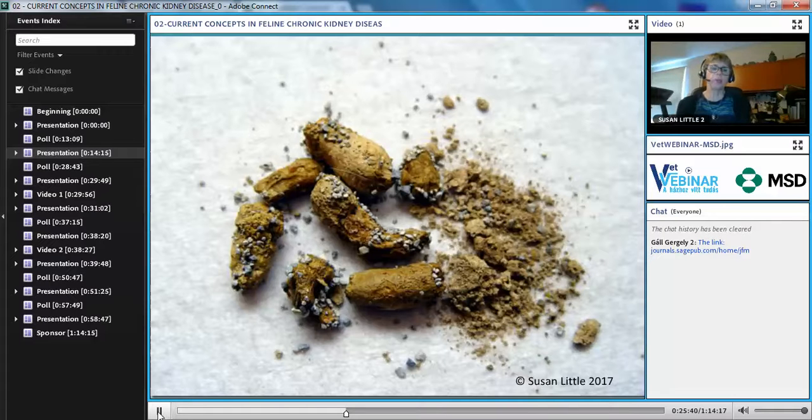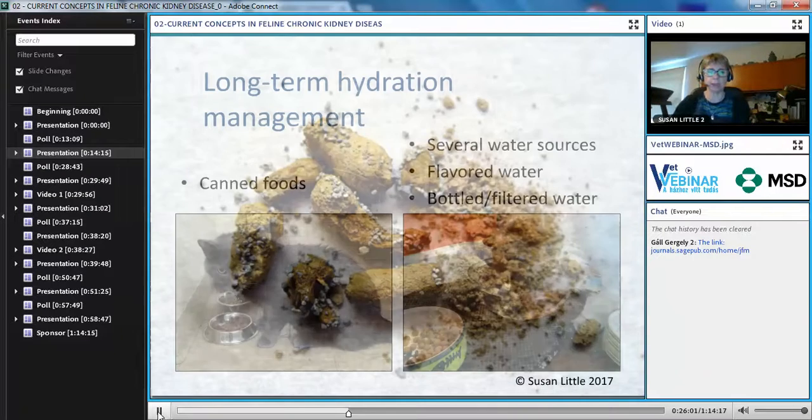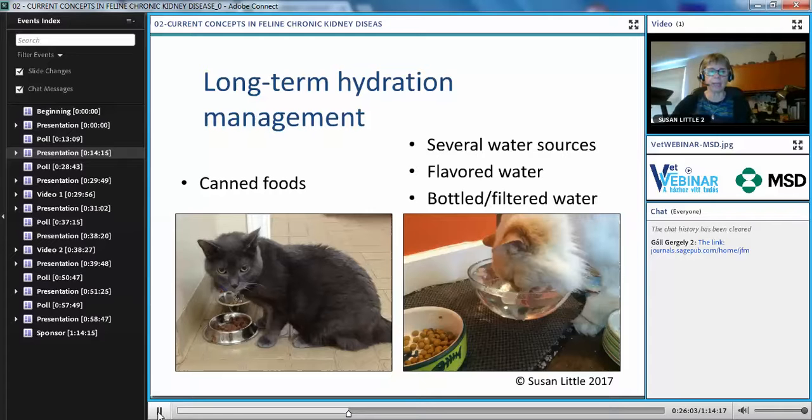So what you can see on the screen are feces from a cat with chronic kidney disease. And this cat is quite dehydrated. So if the fecal matter is very dry and small and hard and crumbles easily, that's a pretty good sign that we have a dehydrated cat. So that's one of the ways that owners can also monitor hydration status and let you know if they see any changes in their cat so that we can go ahead and help with rehydrating the cat.